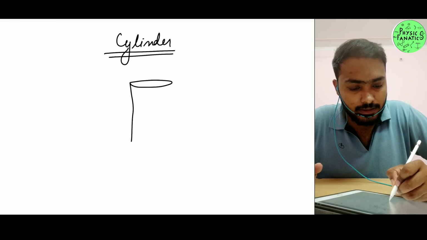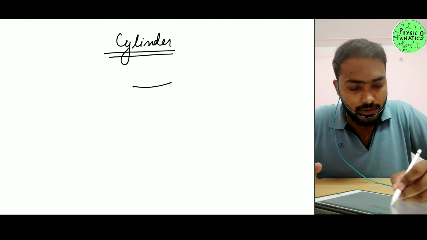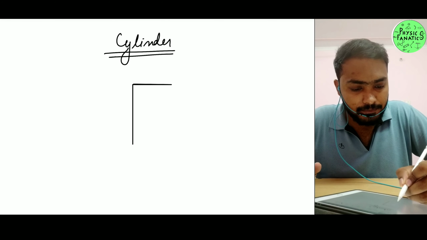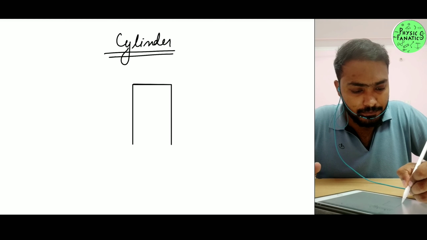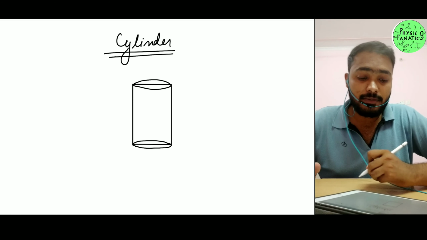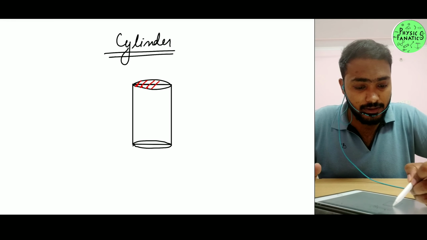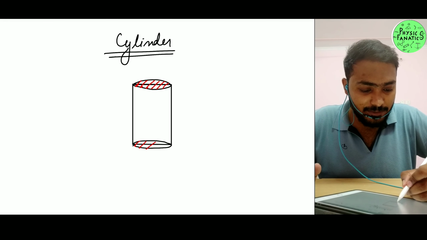Let's say I have a cylinder. All right, let's make a good cylinder. So this is my cylinder, you guys can see this is my cylinder. There are two circles here.